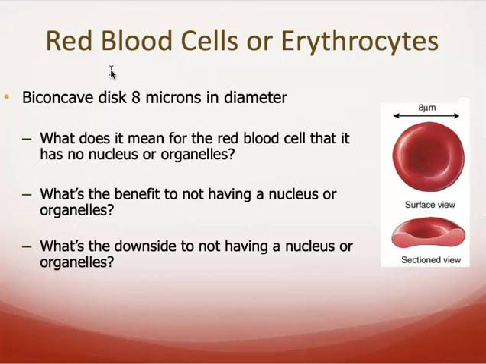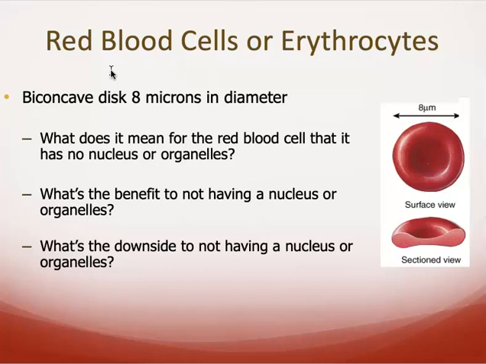So a red blood cell doesn't have a nucleus or your rough endoplasmic reticulum, ribosomes, Golgi apparatus, all of those things that help to make proteins either. What that means is it has no way to repair itself. So as it ages, as things break down, it can't fix that. So red blood cells are going to have a finite lifespan. So that's one of the downsides.